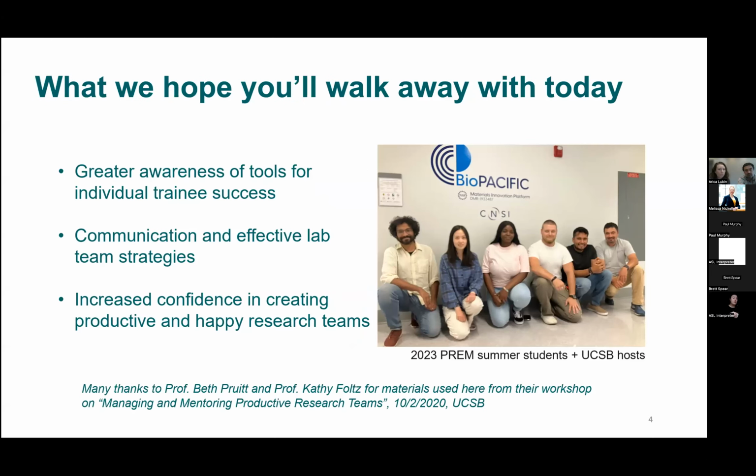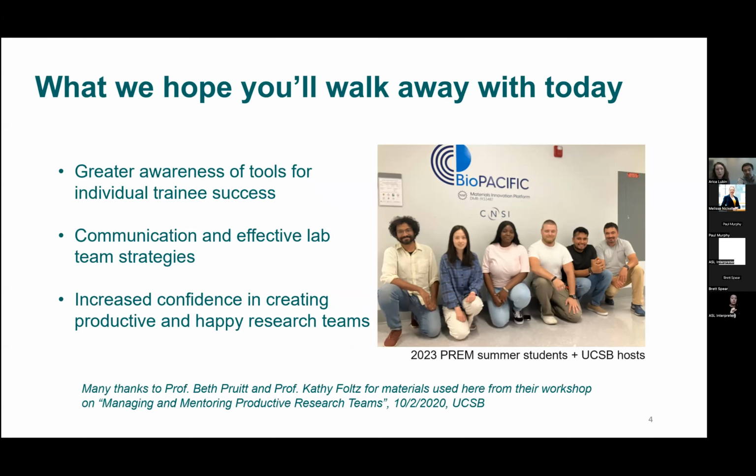So what do we hope you'll walk away with from today's session? Well, we're combining the topics into 3 themes, and we're really hoping in the end you will come away with an increased awareness of the tools that are out there, especially for individual trainee success. Maybe some new strategies in communication and effective lab team work and confidence building.